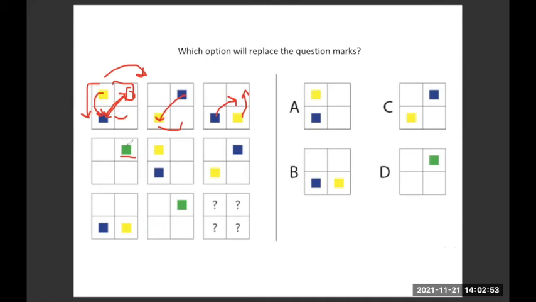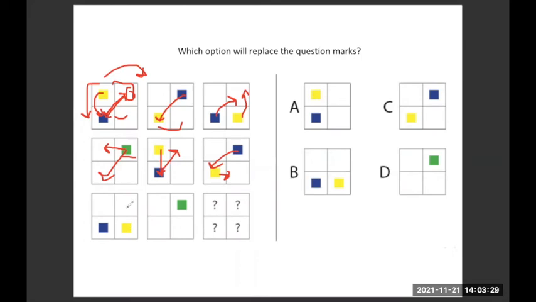Now from this position, yellow moves here and blue moves here, which is seen in this part. From this part, yellow moves here and blue moves on this side. That's why you get it diagonally. From this part, yellow shifts this side and blue shifts here, which is seen here, blue and yellow together.